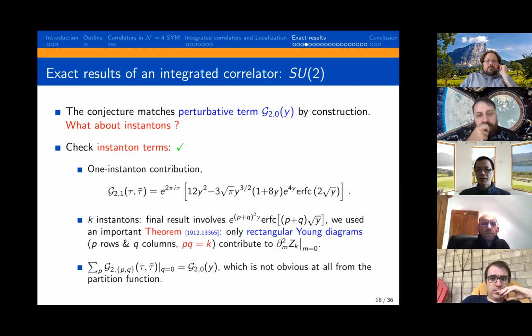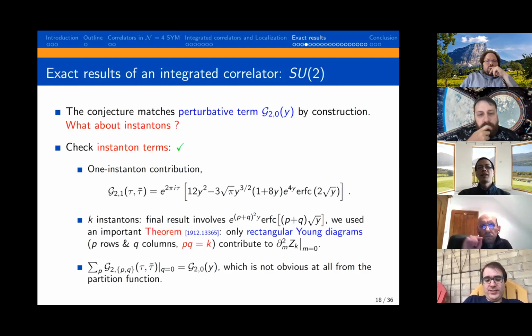Only sum over such diagrams. This simplifies dramatically, since you don't need to sum over all the diagrams, and for such diagrams we were able to compute the Nekrasov partition function.